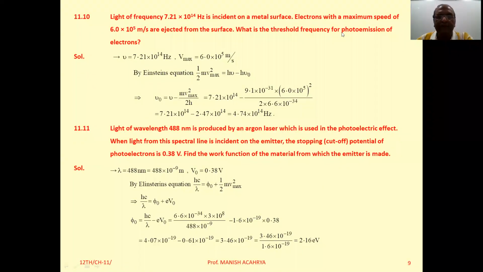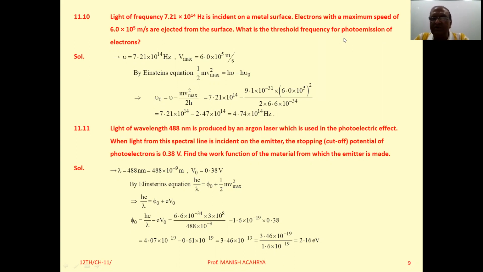Then 11.10. Light of frequency 7.21 × 10^14 Hz is incident on a metal surface. Electrons with a maximum speed of 6 × 10^5 meter per second are ejected from the surface.